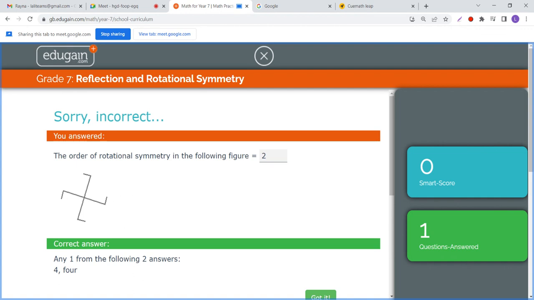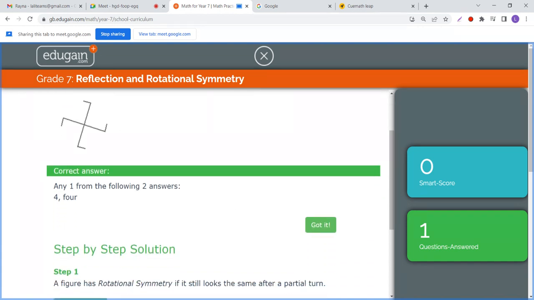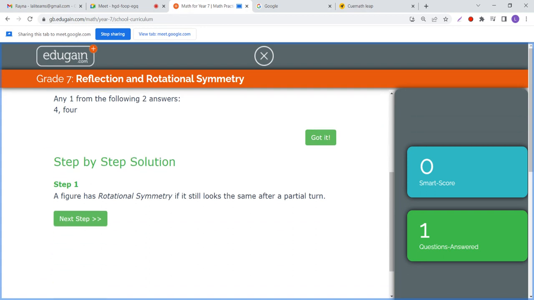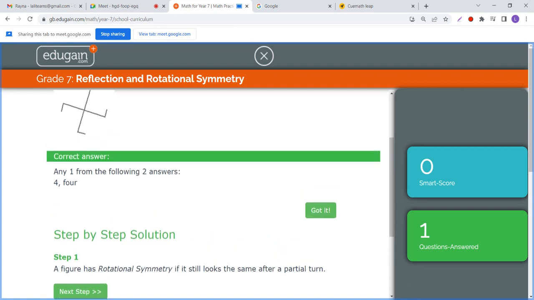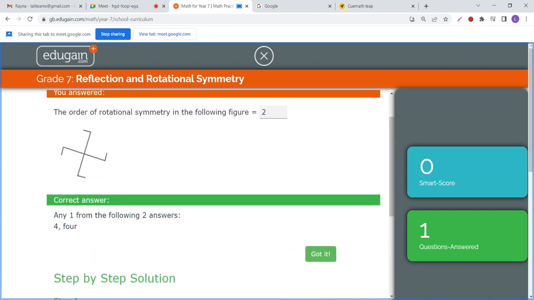Any one of the following, for instance, four. There are four corners. Each one can be rotated and it moves back to the same place from where it starts. It looks the same after a partial turn. So when you look at the arms, how many arms are there? Four. Each arm is similar.